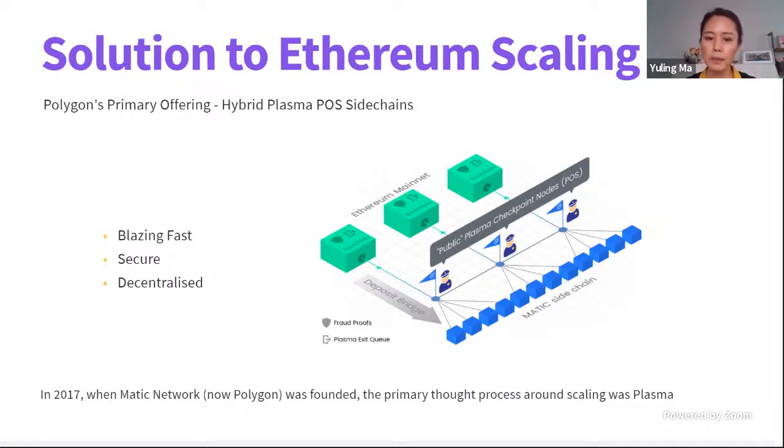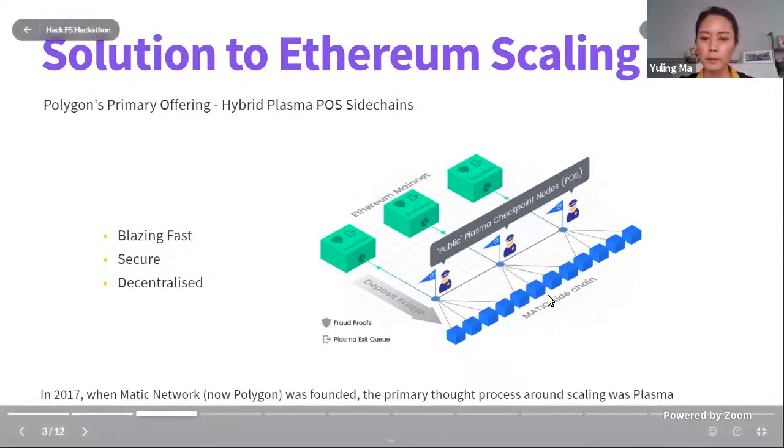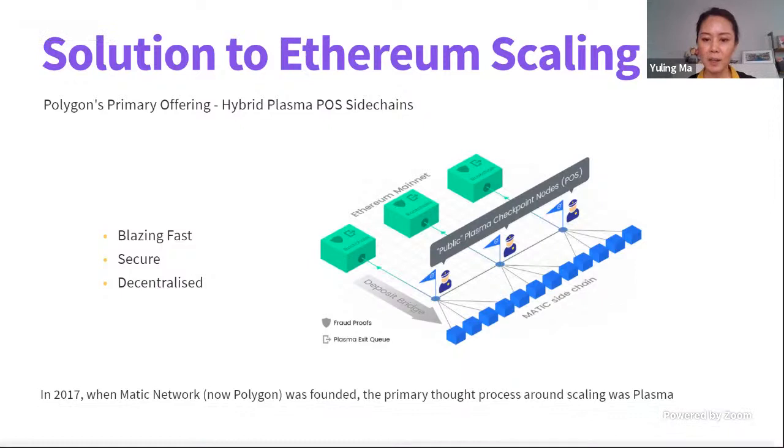At this point, we have up to 100 validators, and an auction takes place to take on new validators. Then there's the block producer layer, which produces blocks at a very high speed.